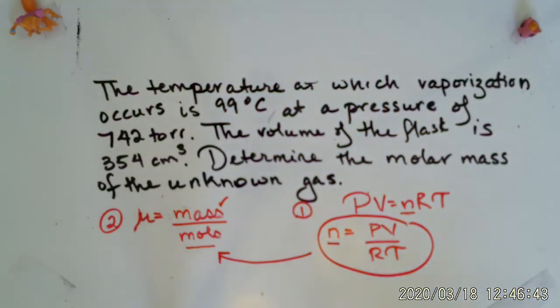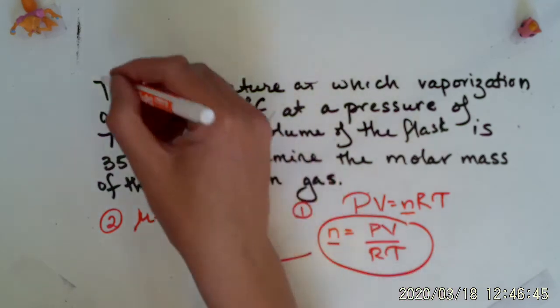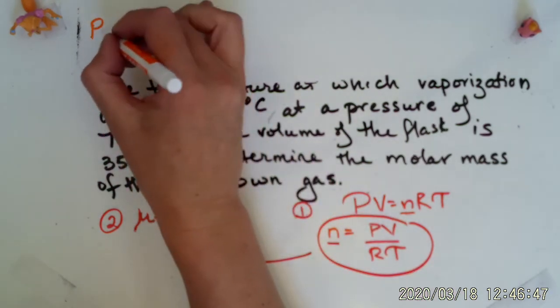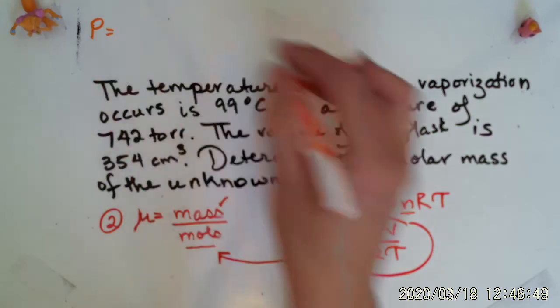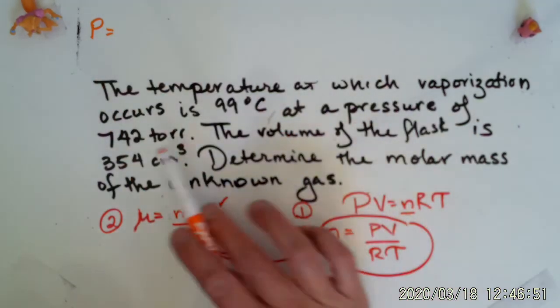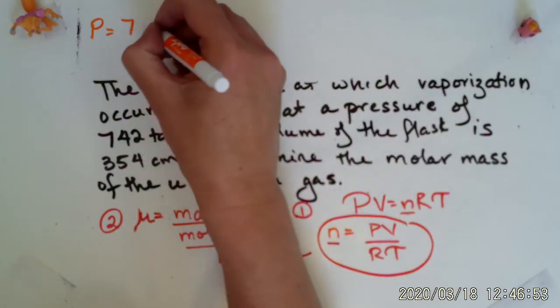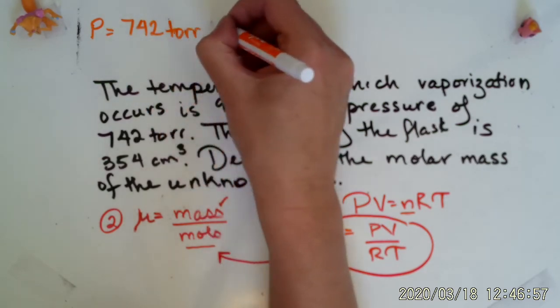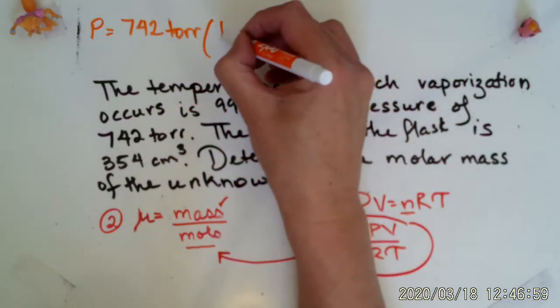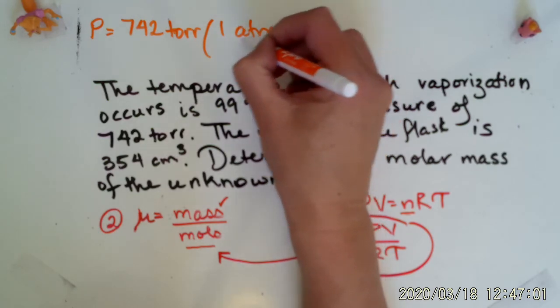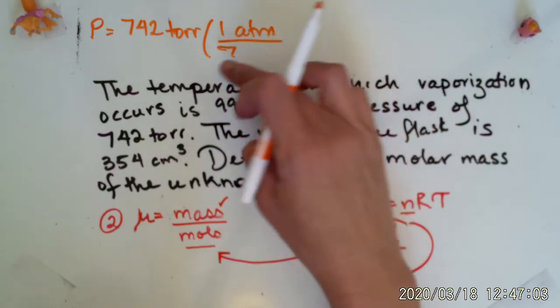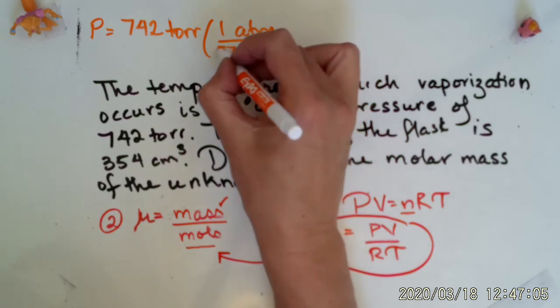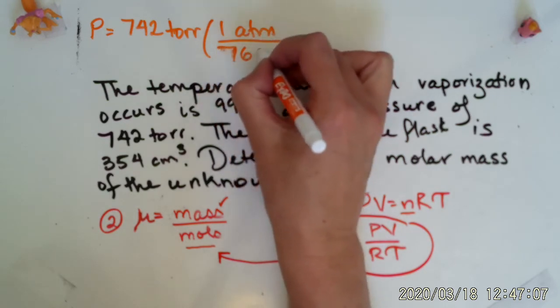Okay, so now that we have this down, let's do our conversions. Pressure needs to be in atmospheres, and we know that one atmosphere is 760 torr.